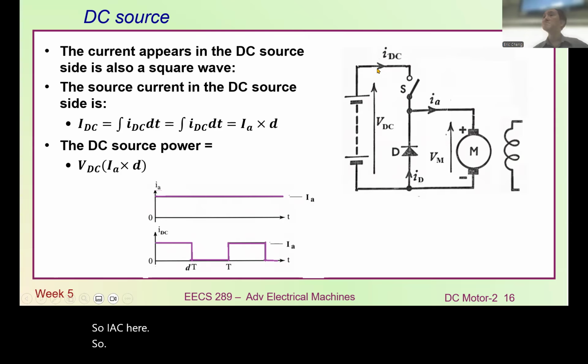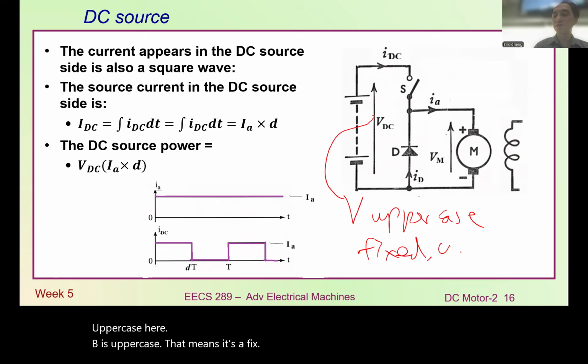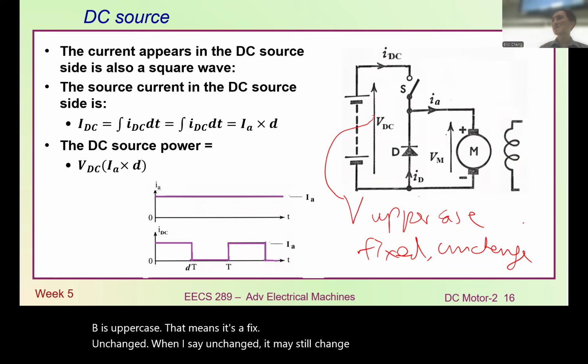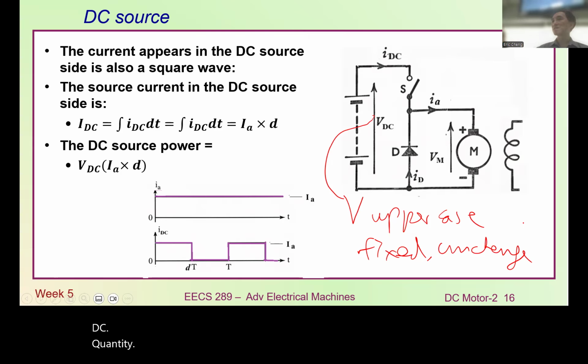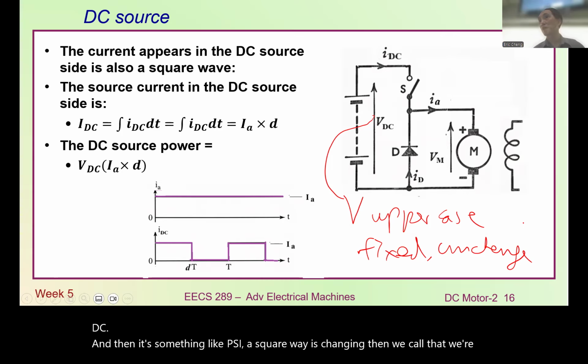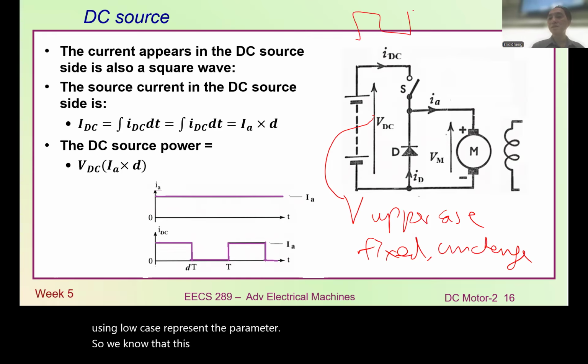When I say unchanged, it may still change, but it is not an AC signal, it is more of a DC quantity. If something like a sine wave or square wave is changing, we use lowercase to represent the parameter. So we know this iDC is going to have some kind of switching waveform.